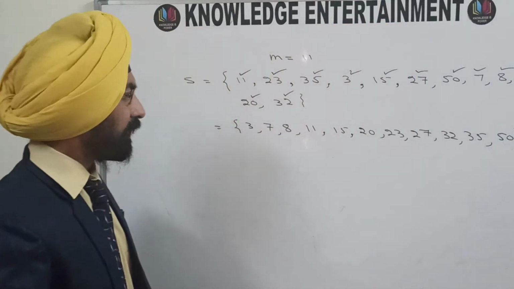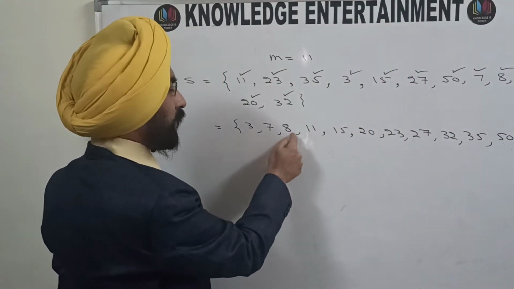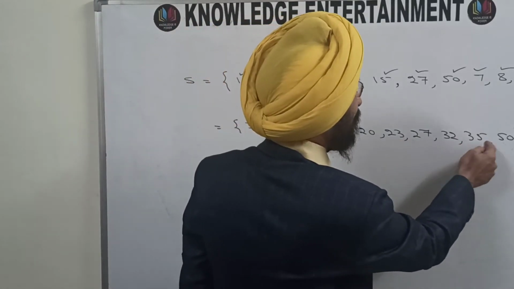How many elements are there? Let us count: 1, 2, 3, 4, 5, 6, 7, 8, 9, 10 and 11.